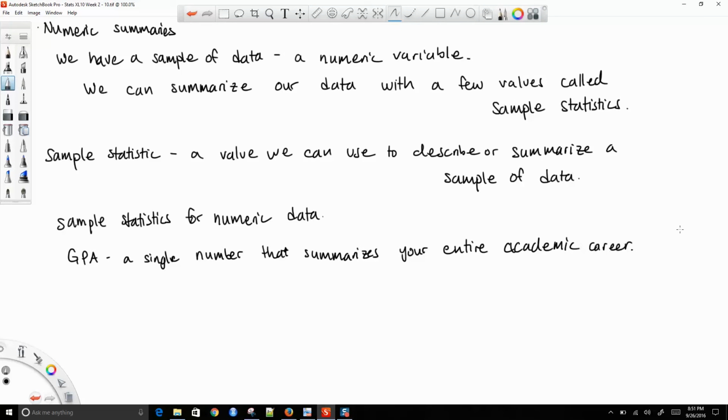I think because you are familiar with this idea of a GPA, you're familiar with its usefulness, but you're also familiar with its limitations.